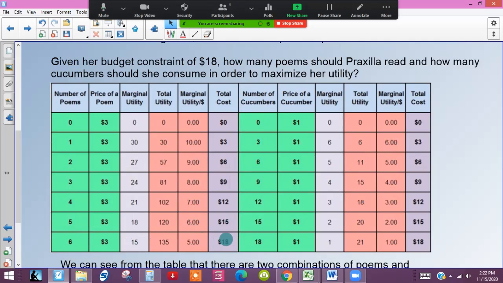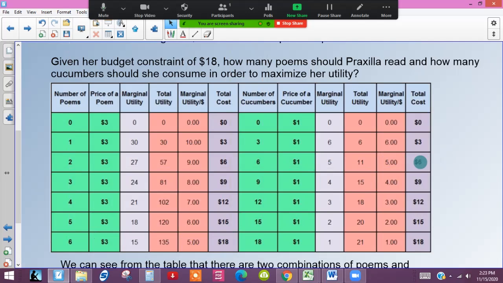So she's already spent all of her money just on the poems. So if she were trying to consume 6 poems for a marginal utility per dollar of 5, and 6 cucumbers, which has a marginal utility per dollar of 5, that's going to be 18 plus 6, which is over her budget, so she can't afford it.